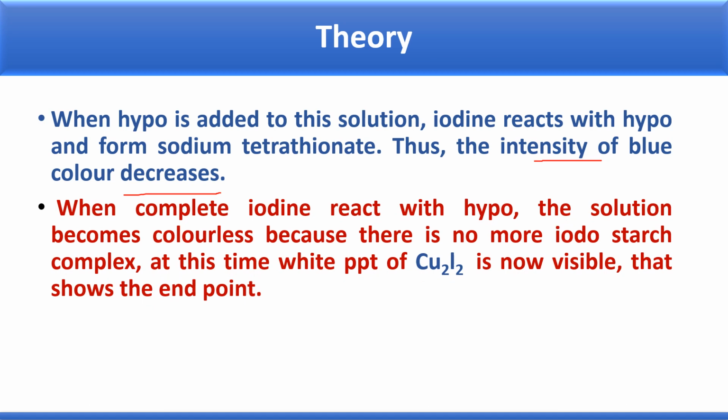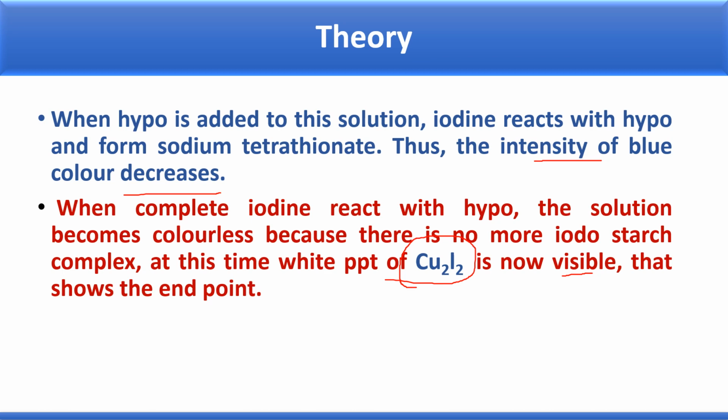When all the iodine has reacted with the hypo solution, the solution becomes colorless because there is no more iodo-starch complex in the solution. At this time, the white precipitate of cuprous iodide is now visible.